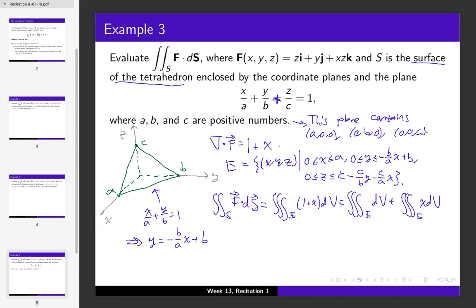Now, you can just calculate the volume of the tetrahedron, which isn't really that hard to do.